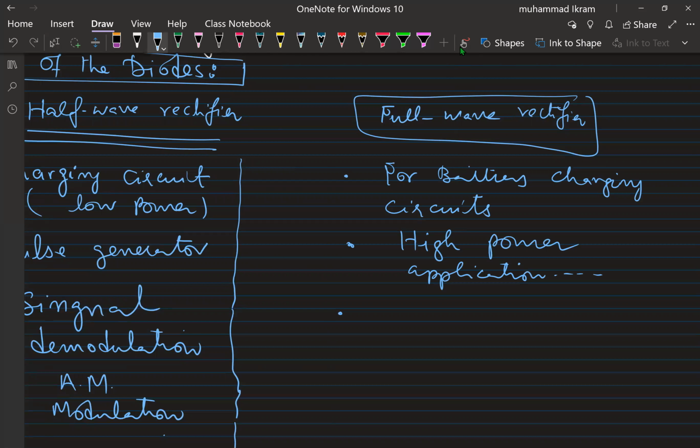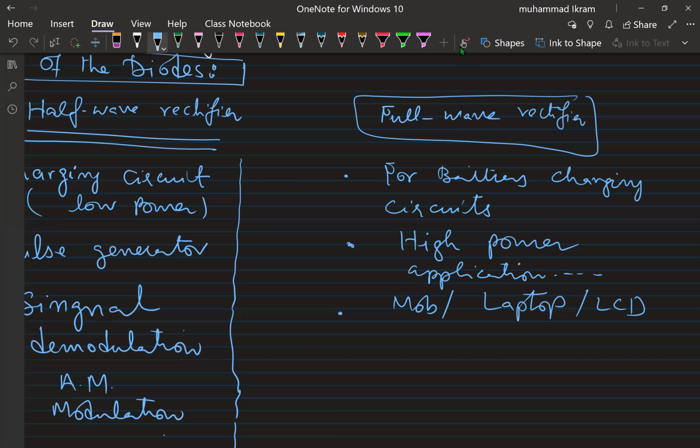So this full wave rectifier is used in your mobile phone, laptop charging, or the LCDs, LEDs. They can be used there also, right?